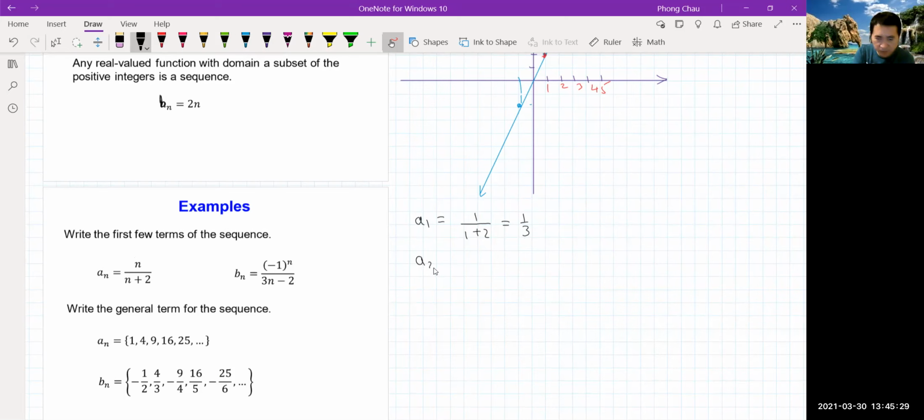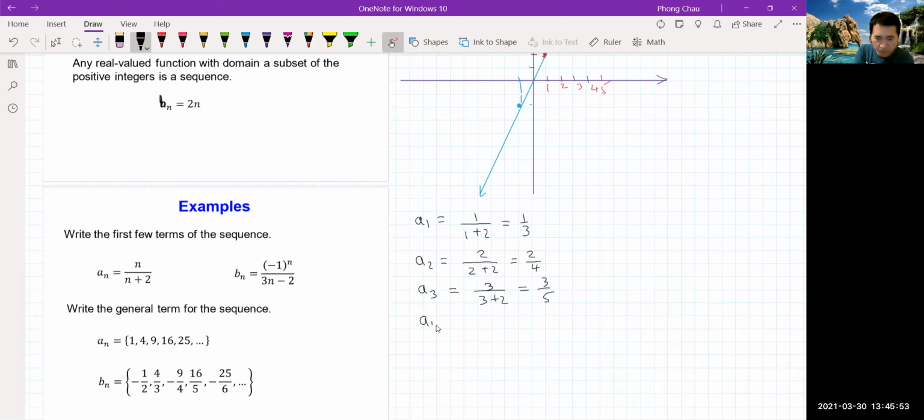And then the second term, when n is 2, is 2 over 2 plus 2. That is 2/4 or 1/2. And then the third term is 3 over 3 plus 2. That is 3/5.